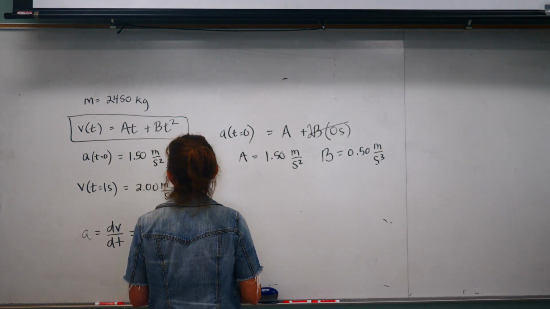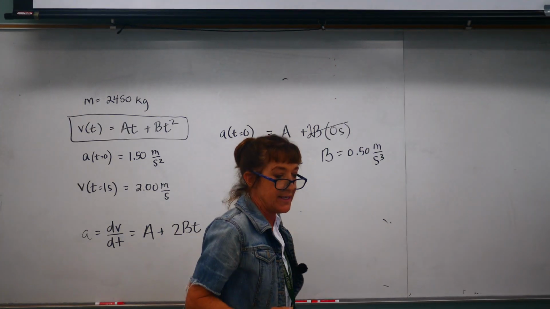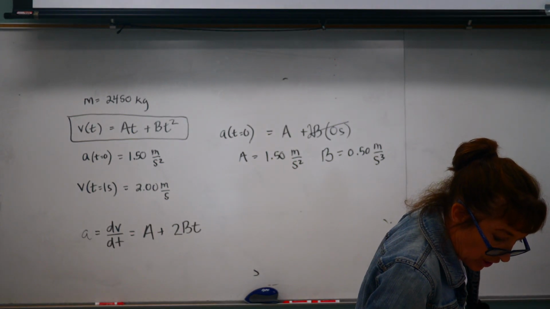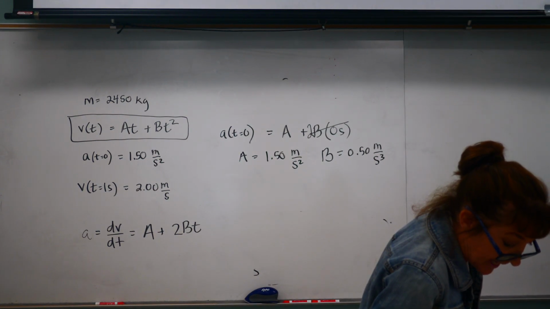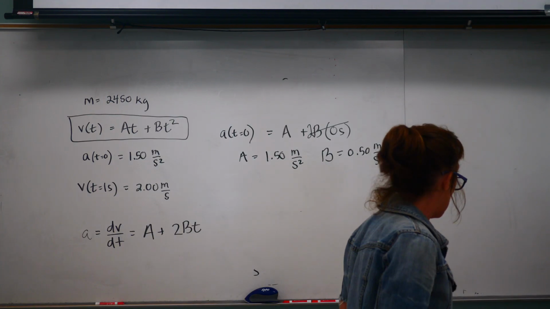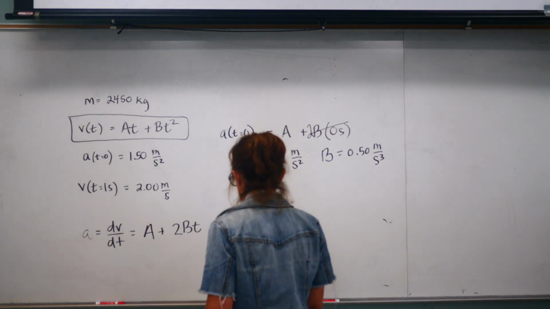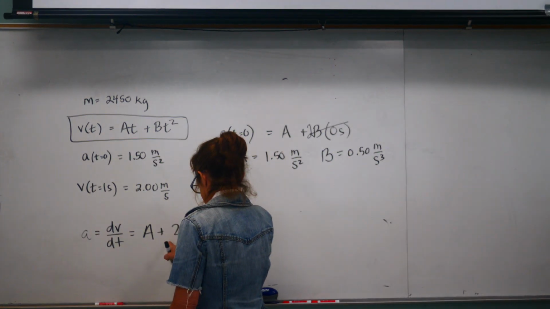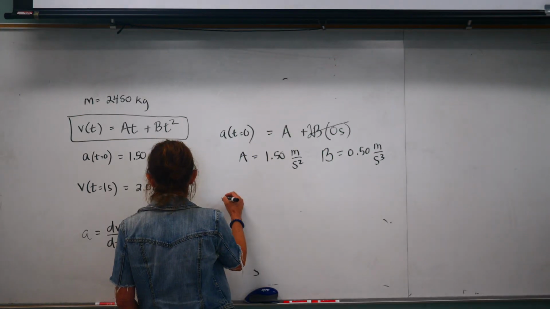Now, what do I need to know? At 4 seconds after fuel ignition, what is the acceleration of the rocket? So a equals A plus 2Bt.